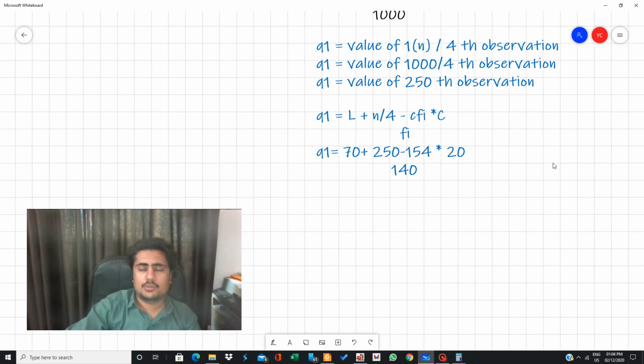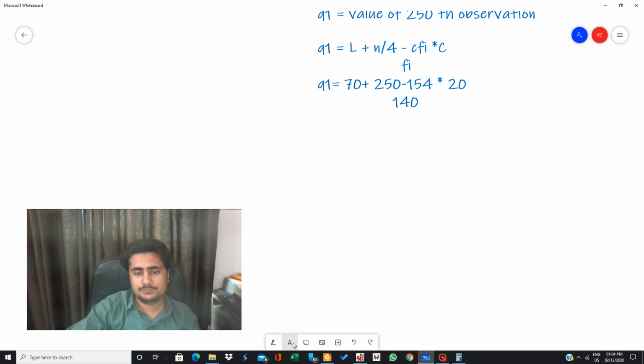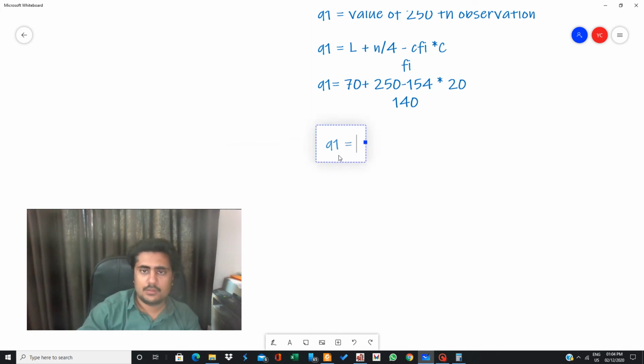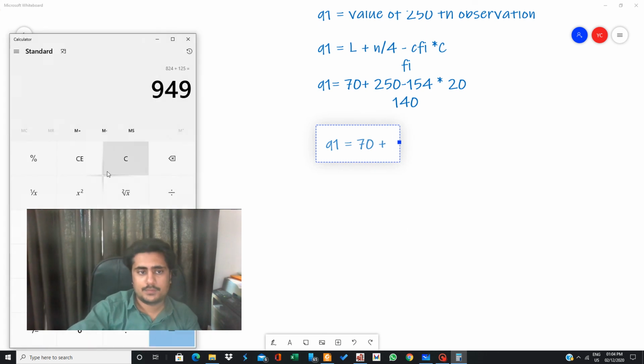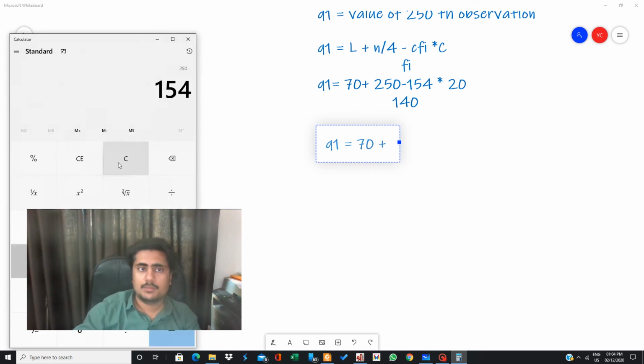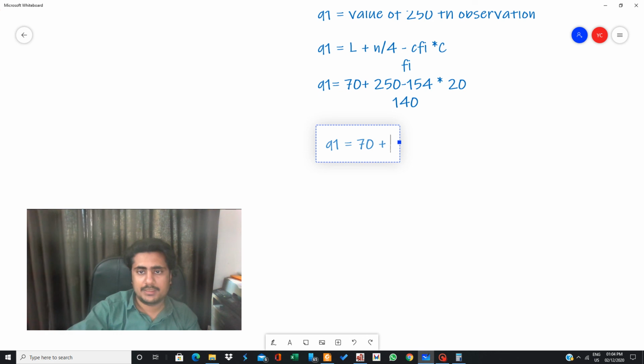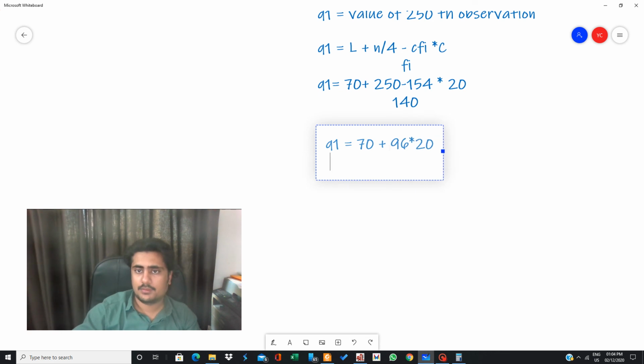Now let us solve Q1. So my Q1 is 70 plus 250 minus 154, that is 96, into 20 upon 150.